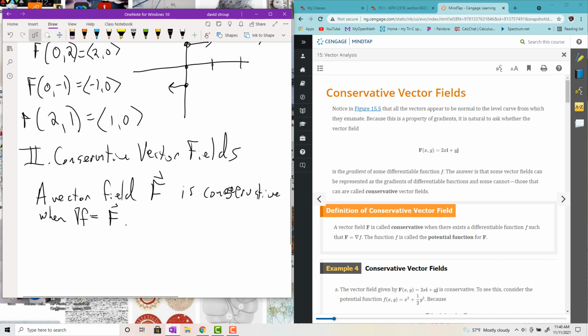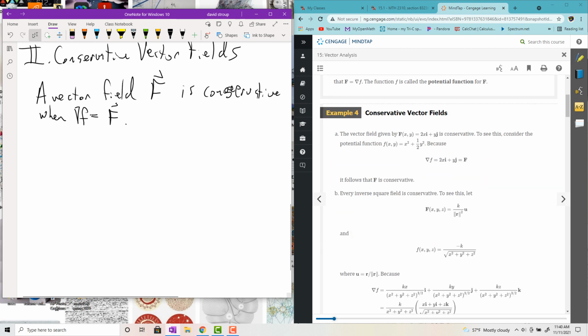And that function on the mountaintop is called the potential function, which I probably won't call it that, but I'll just call it little f.